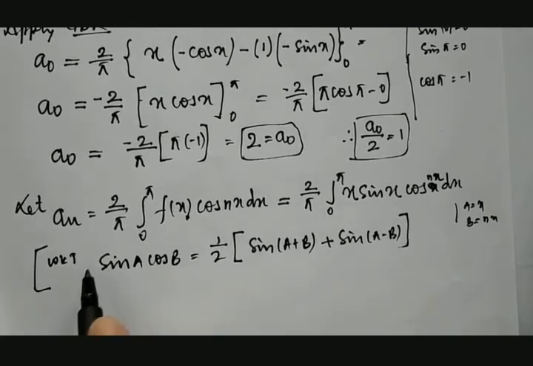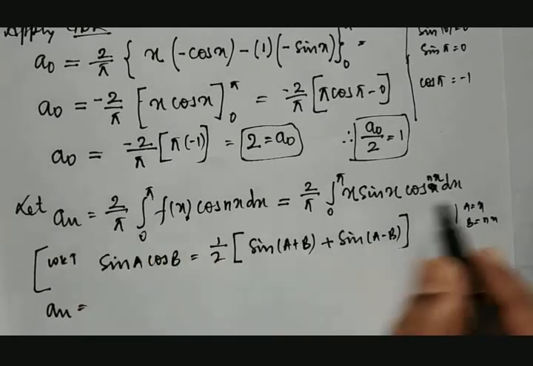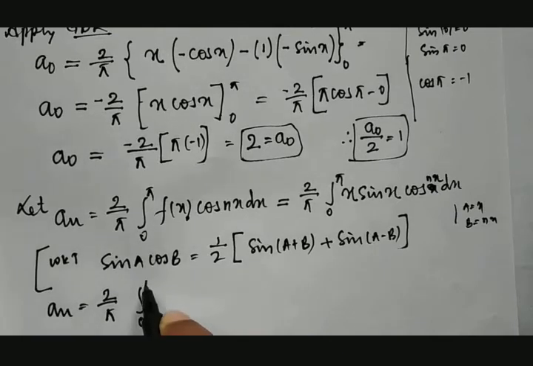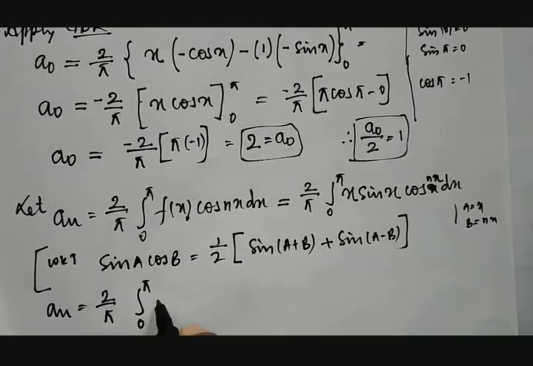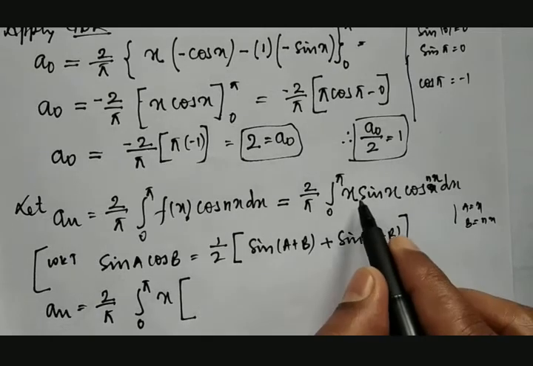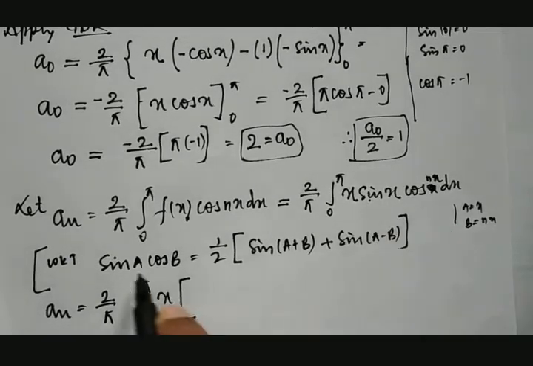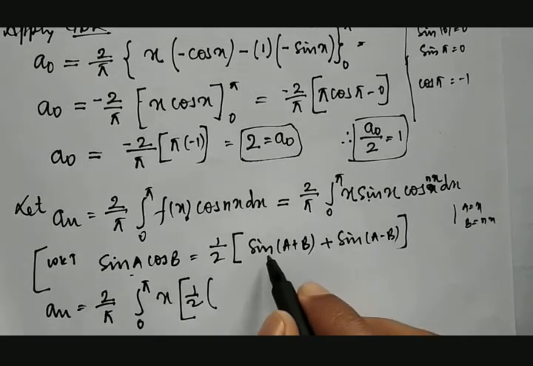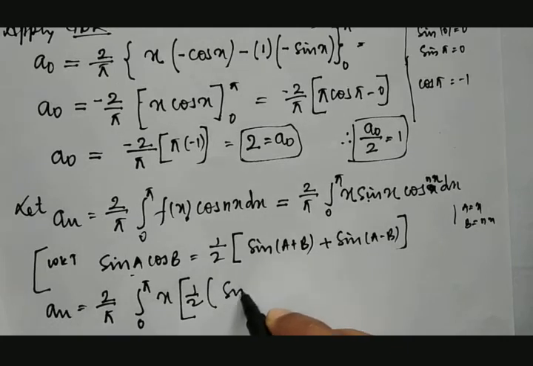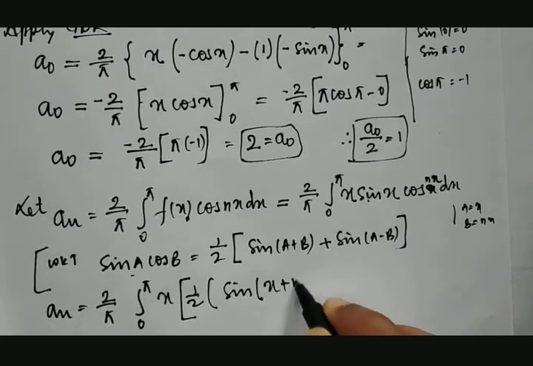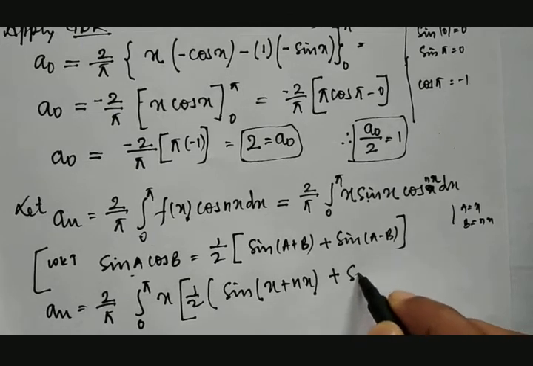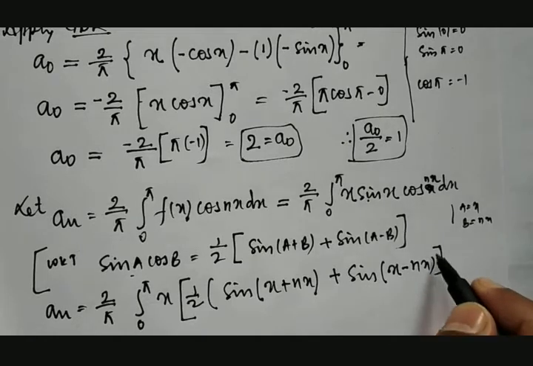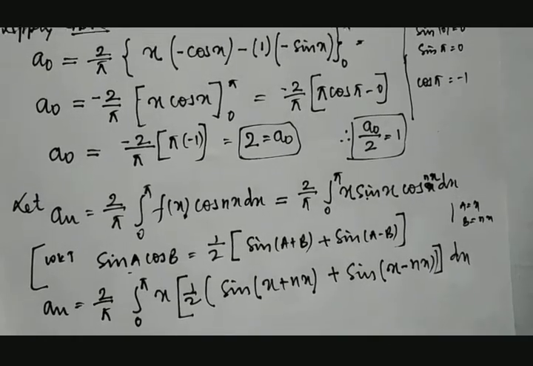Therefore, if we use this result to calculate this point, then it will be 2 divided by pi, integration between 0 to pi, x into the value of sin x cos nx will be, as per this formula, 1 by 2 into sin of A plus B, means sin of x plus nx, plus sin of A minus B, means x minus nx with respect to x.